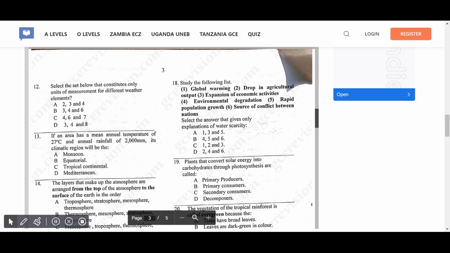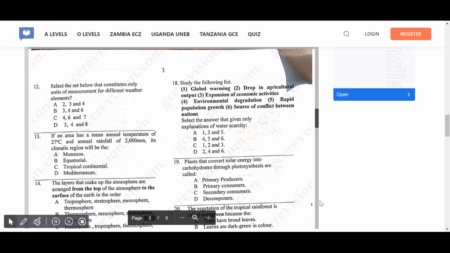Select the answers that give only explanations of water scarcity. The answer is D, which is 2, 4 and 6.